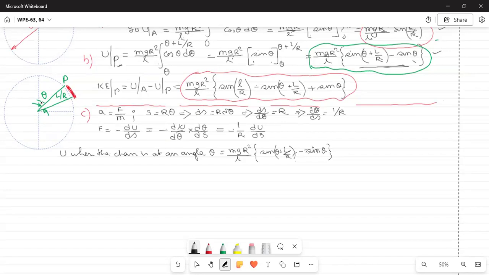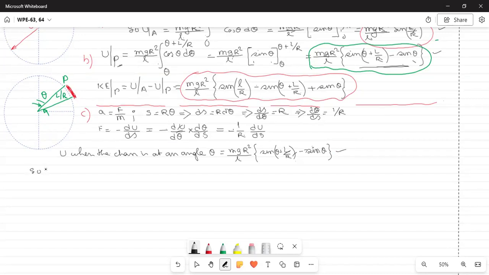And then, since they wanted us to find the force when the chain starts, in that result we shall put theta equal to 0. And immediately our answer will be obtained. Right? So, potential energy is given here, and we have found the force is equal to minus 1 by r du ds.